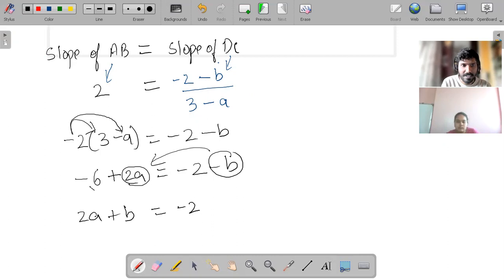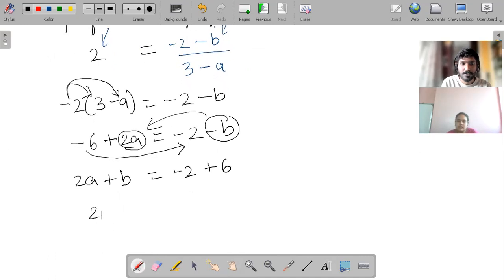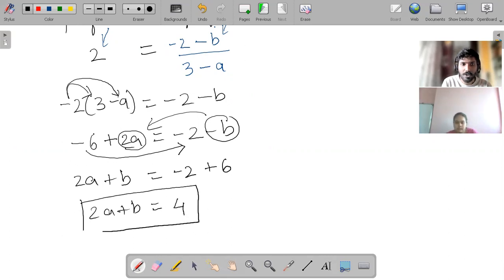And this minus 6 I'll take on the other side, that became plus 6. So 2A plus B is equal to, how much is minus 2 plus 6? 4. Yeah, 4, correct. So I've got one equation.